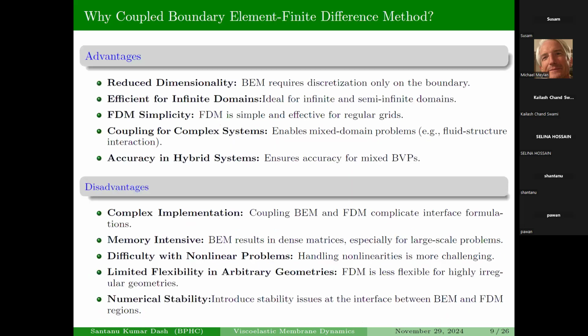Now, to solve this kind of problem, we have employed a numerical technique, because the problem that we have seen in the schematic diagram doesn't look like a regular structure.